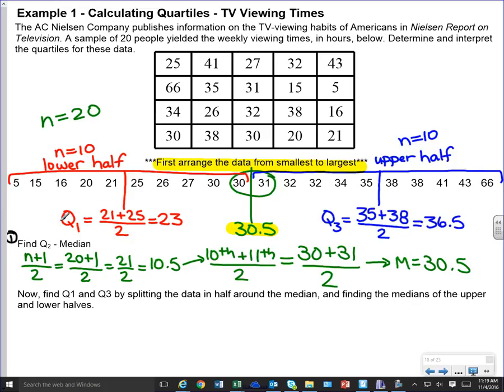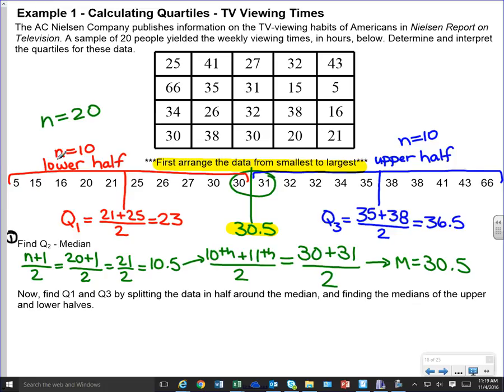Q1 is actually the median of the lower half of numbers, because when I find Q1, I'm separating the lower 25% from the upper 25% in the lower half of numbers. I'm splitting this 50% in half. So really I'm just finding the median again, but just for this red set of numbers.